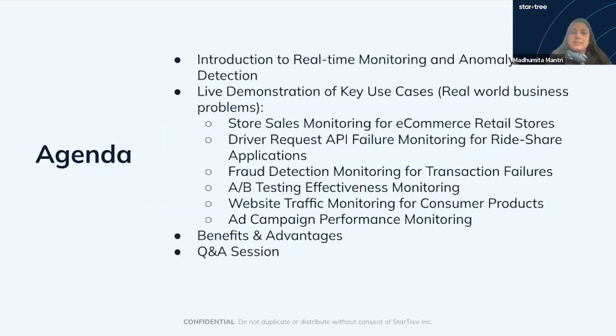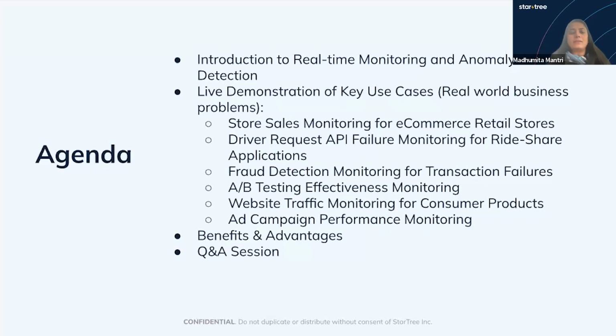So the agenda for today's session: I'll give a quick intro about real-time monitoring and anomaly detection. Also, I'll give a quick intro to how Third Eye and Apache Pinot is rightly positioned to solve this, as I will be using that for demonstrating the key use cases. So it'll be a good precursor to that.